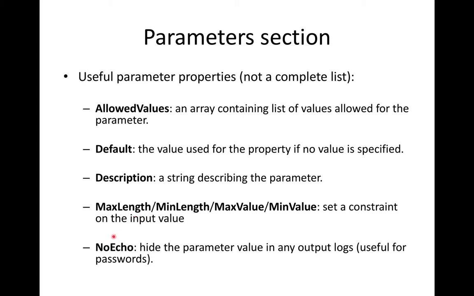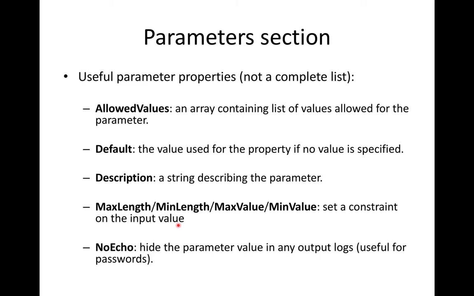And then finally, there's this no echo parameter property, and that's one you would use if you were asking someone to input something like a secret, like a password value, because the parameter values are also stored in the output logs that CloudFormation generates when it creates the stack, and those contain the parameter values that were input.